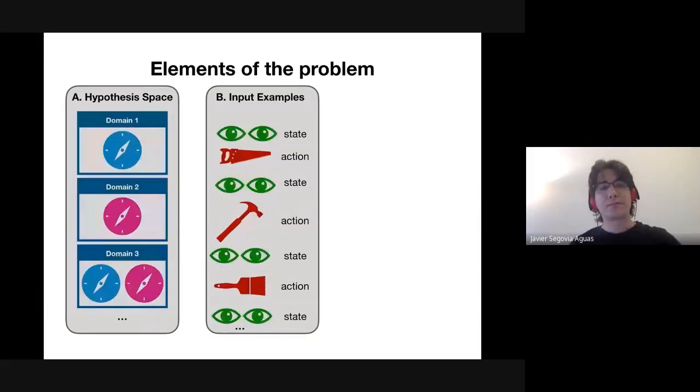How do I learn? With input examples. Which are the input examples? As we said, we have plans, and plans are an interleaved sequence of observations and actions. So we have states which are observed, apply an action, a state, action, state, action, state. Okay? But this is the easiest case.